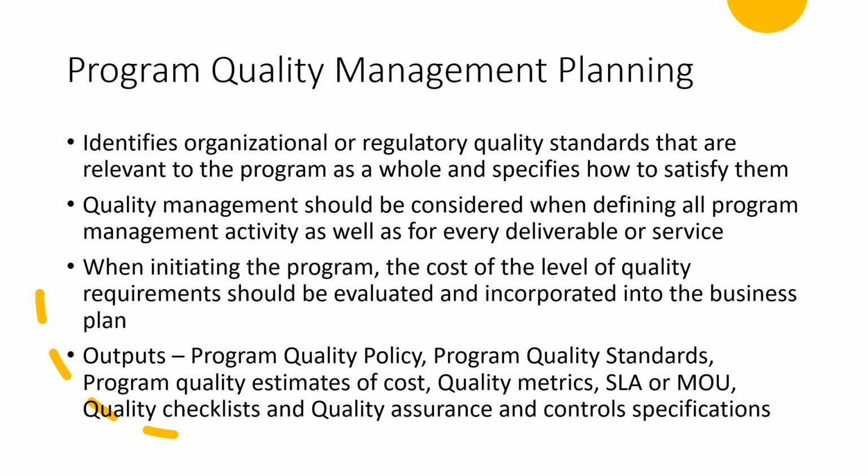We are not talking about the organization quality policy here, only the program quality policy, which could be a subset of the organization policy. Then program quality standards, program quality estimates of cost, quality metrics, SLAs or memorandums of understanding, quality checklists, and quality assurance and control specifications. These are the main outputs of quality management planning.